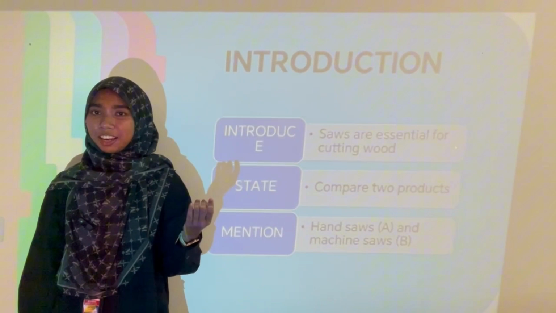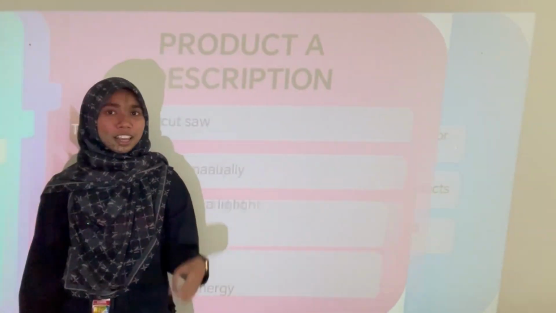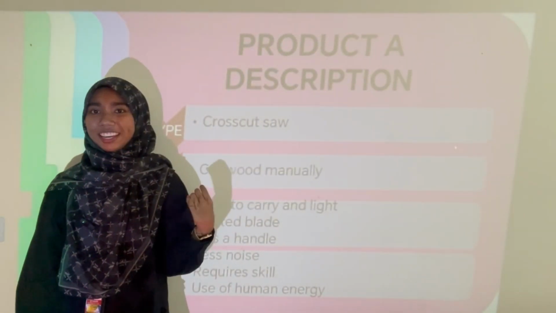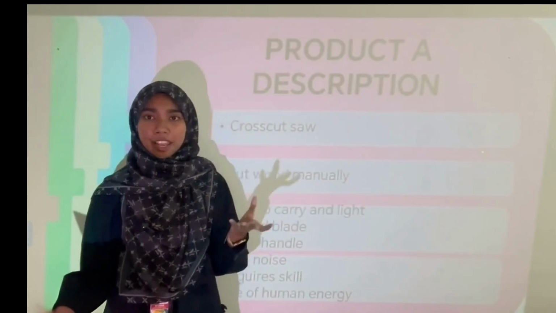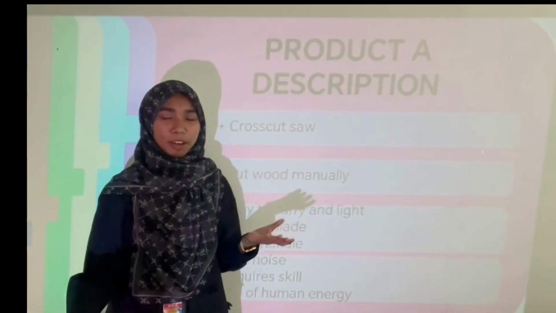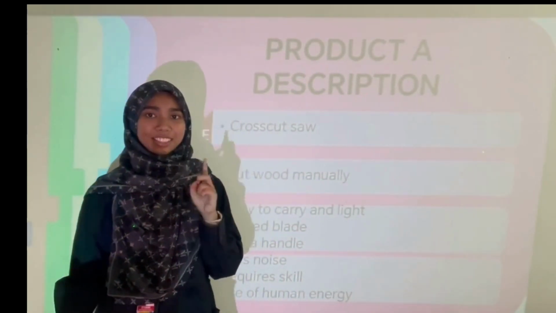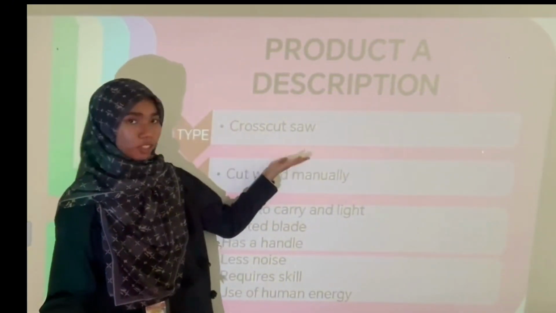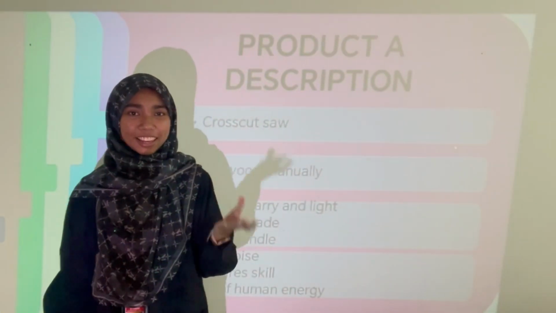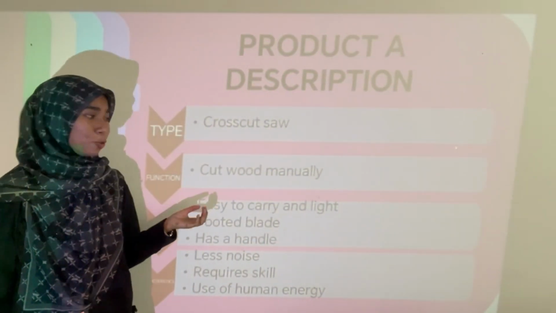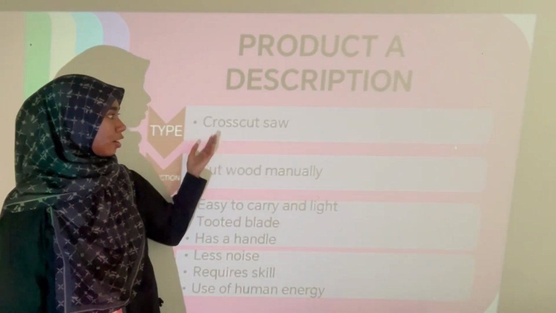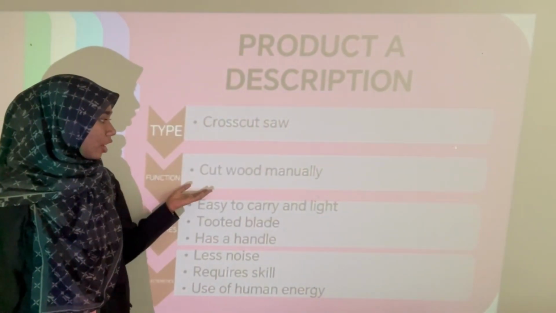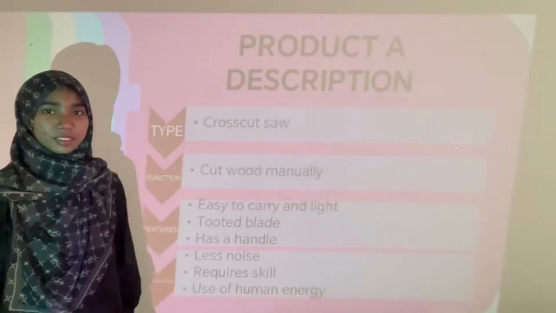First of all, I would like to start the presentation with the hand saw, which is product A. I have seen many types of this product, but I will mention only one type, which is the crosscut saw. The function of the hand saw is to cut wood manually.